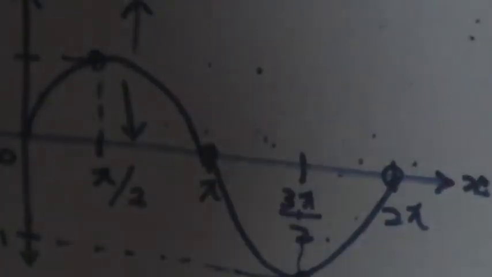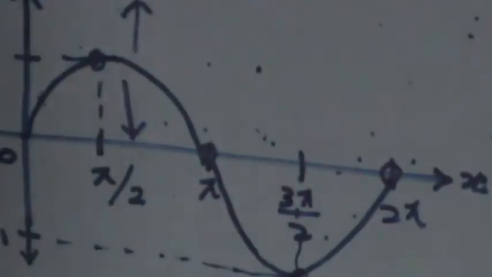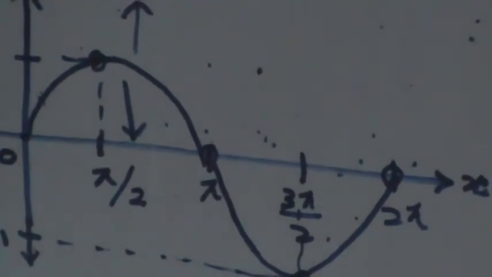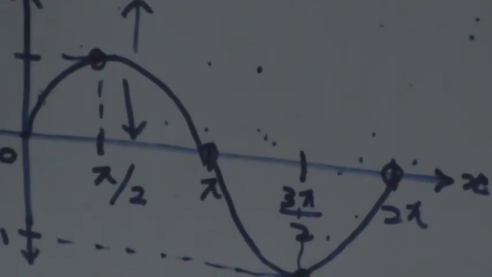And in even odd functions or even odd identities, according to the 11 identities on trigonometry I have described, sine of minus theta equals minus sine theta.